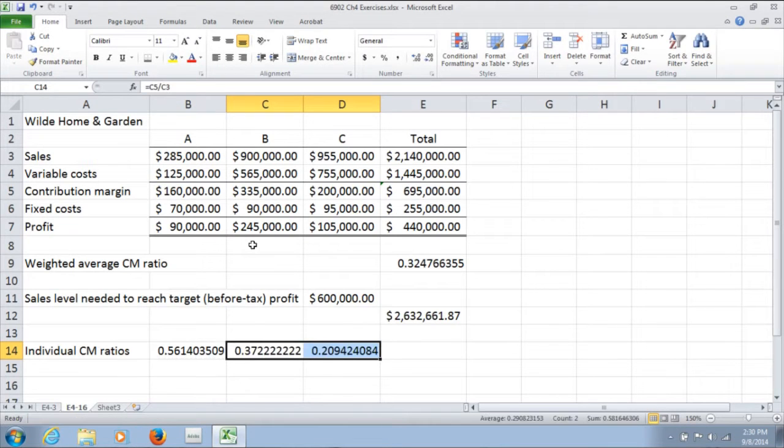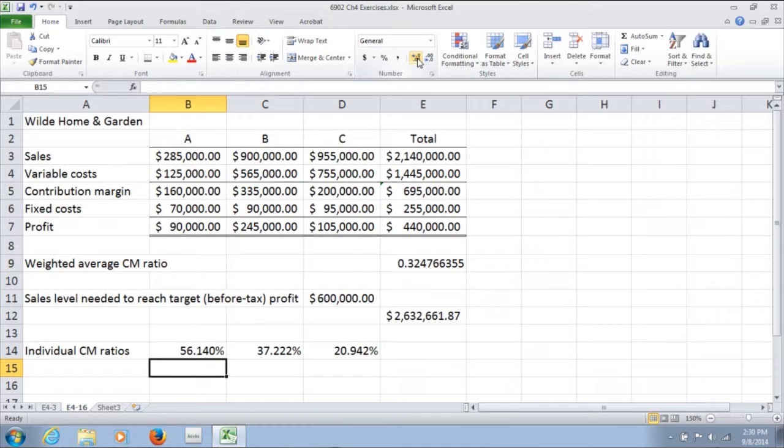And moving forward, we say 37 and 20%. And it may be a little bit easier to see these in percentage terms, even if we're going to increase that a little bit. But notice that Department A has the highest, by far the highest CM ratio. And so, in other words, lowest variable cost per sales dollar.